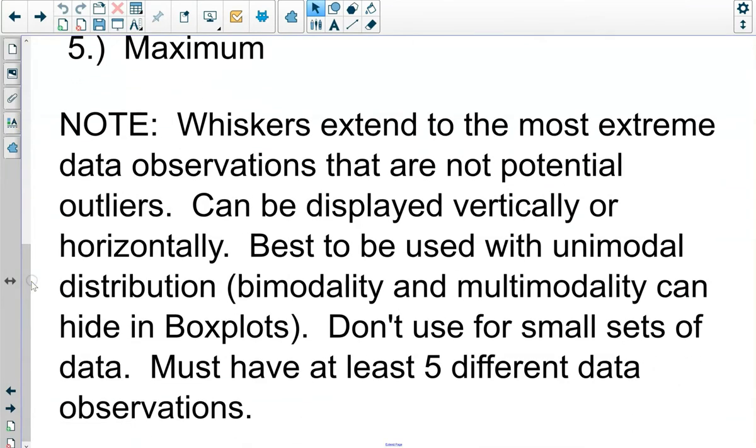All right. So now just some notes about box and whisker plots. Whiskers will extend to the most extreme data values that are not potential outliers. Okay, so in this section 3.5, we're really going to hammer outliers home. You're going to get a formula for how to distinguish if you have potential outliers. So we're not really just going to call them outliers flat out.